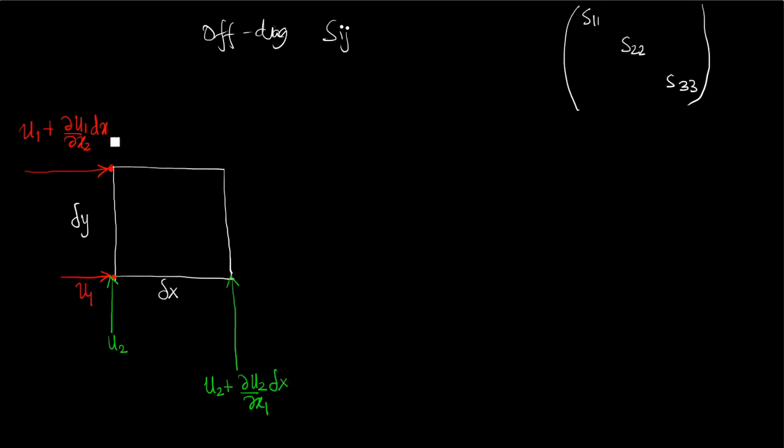In this case dx2 would have been simply delta y, or if I want to preserve our convention, it would be delta x2, where the length of this side is delta x2 and this is delta x1.